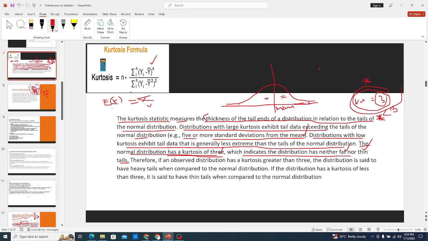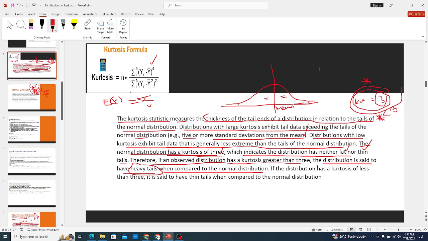Therefore, if an observed distribution has a kurtosis greater than 3, then the distribution is said to have heavy tails when compared to a normal distribution, meaning thicker tails or fat tails.